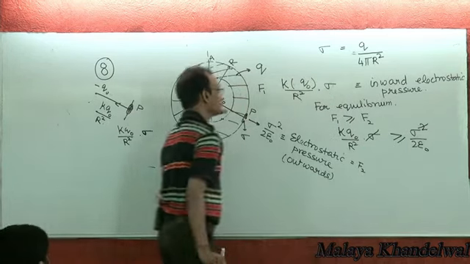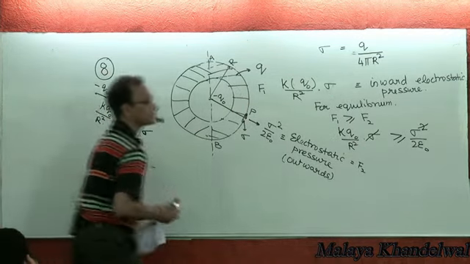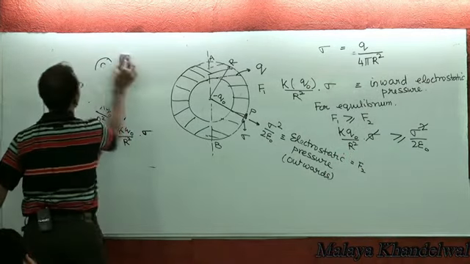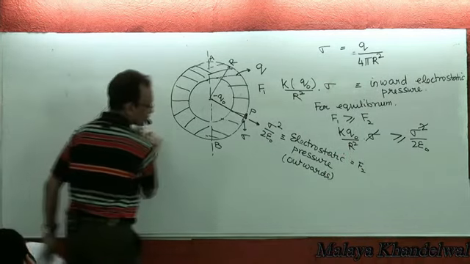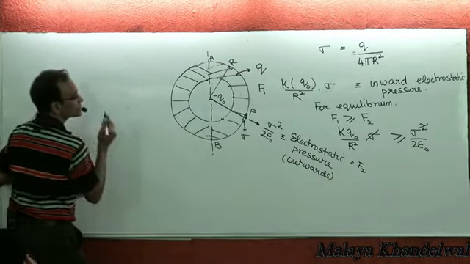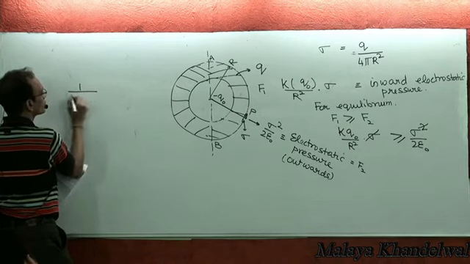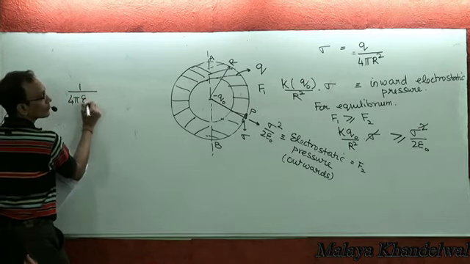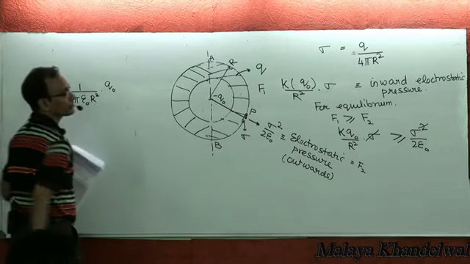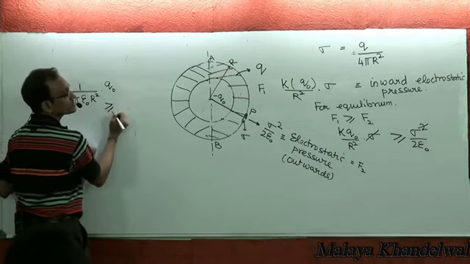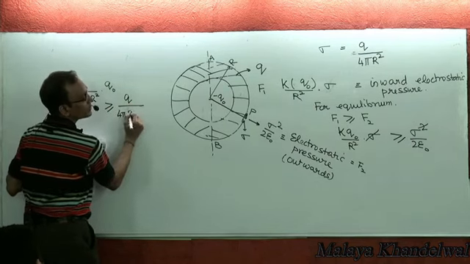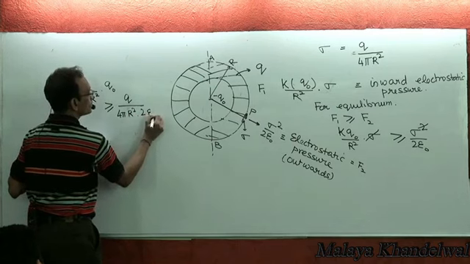This sigma will get cancelled, and then we have, with k as 1 by 4 pi epsilon naught, Q naught by r squared must be greater than or equal to sigma, which is Q by 4 pi r squared, into 1 by 2 epsilon naught.